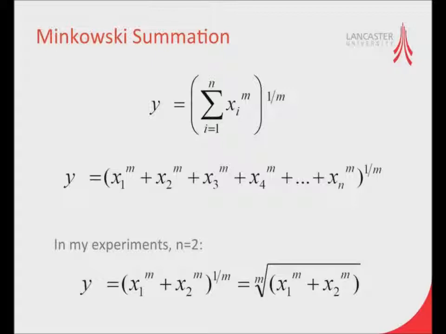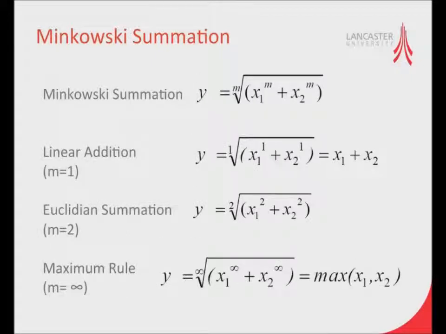I said earlier that linear addition, Euclidean summation, and maximum rules are all examples of this Minkowski summation. So what I mean is the following. So this is the Minkowski summation. If I replace the m value by 1, then I get this equation, okay, x1 to the 1, x2 to the 1, and I take the first root, and so you have just linear summation.